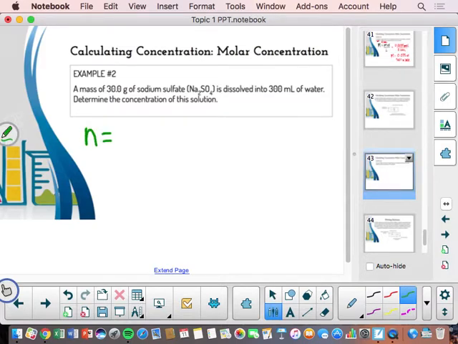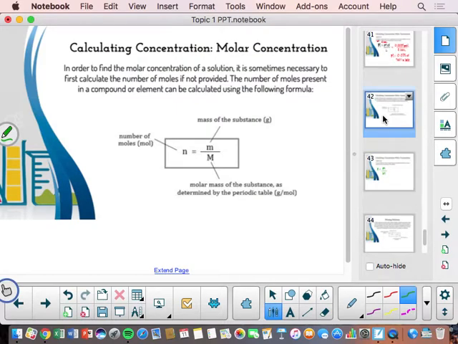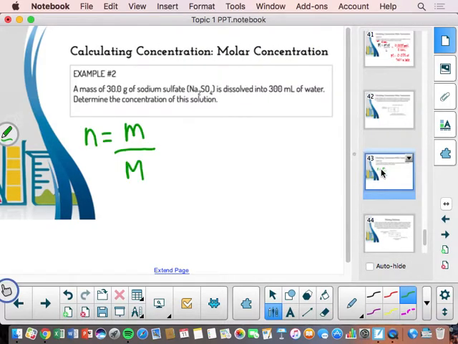Little n is equal to little m over big M. Big M in this case is our molar mass, and this is the mass, I'm just going to say mass given. So if we divide those two, we can calculate the moles.